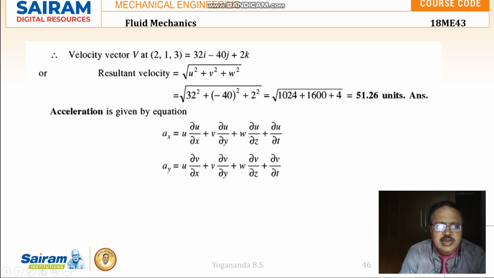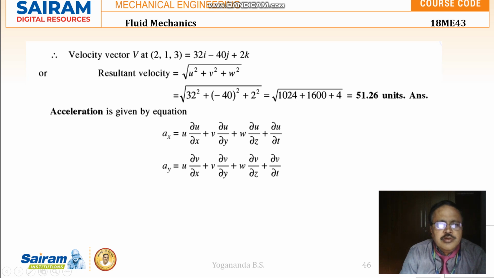Now the resultant velocity is square root of u square plus v square plus w square. Substituting u, v and w, we get resultant velocity as 51.26 units, which will be in meter per second.